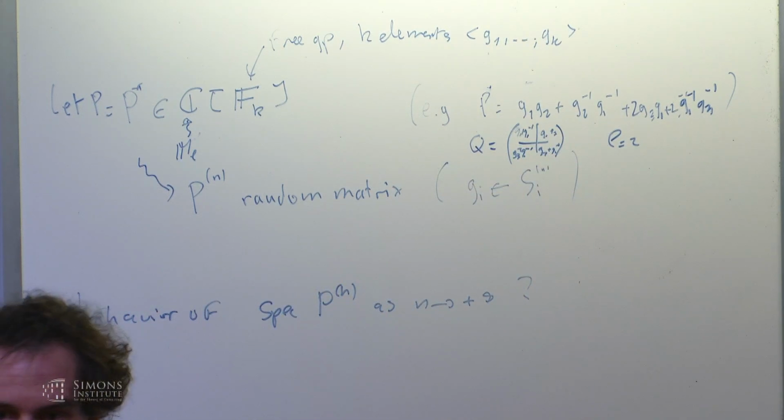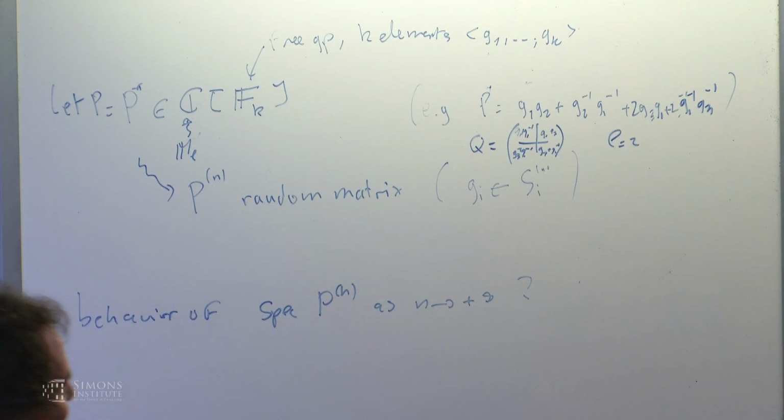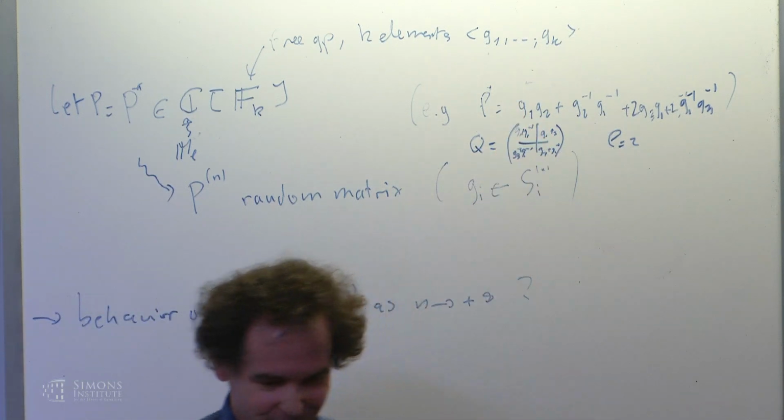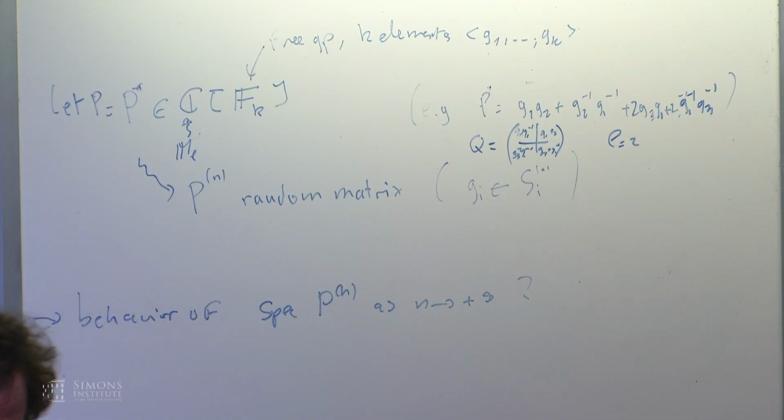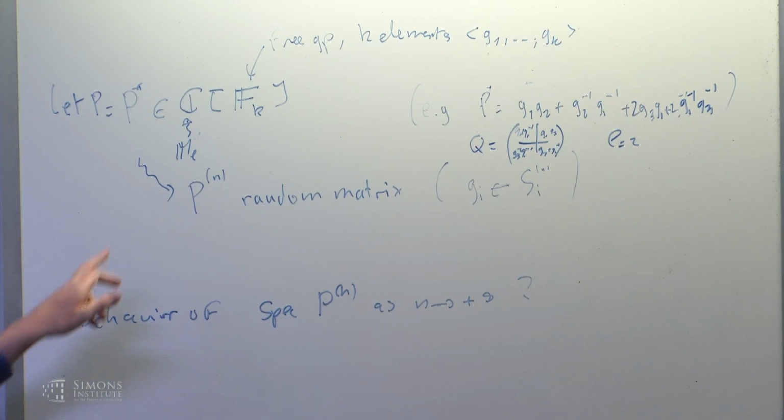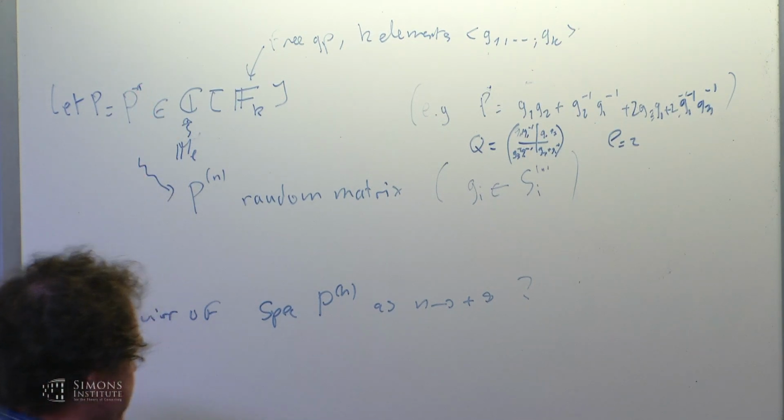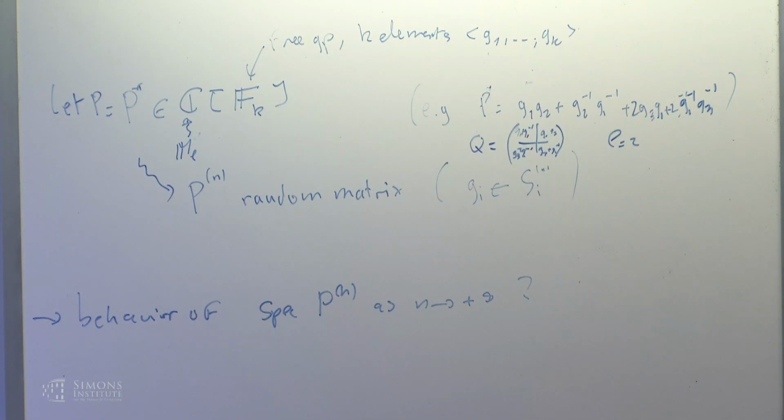And again, at least if the coefficients are natural numbers, I can think of it as a random graph. But I'm going to make no specific assumption on the coefficients. So what is the behavior of the spectrum as n goes to infinity?